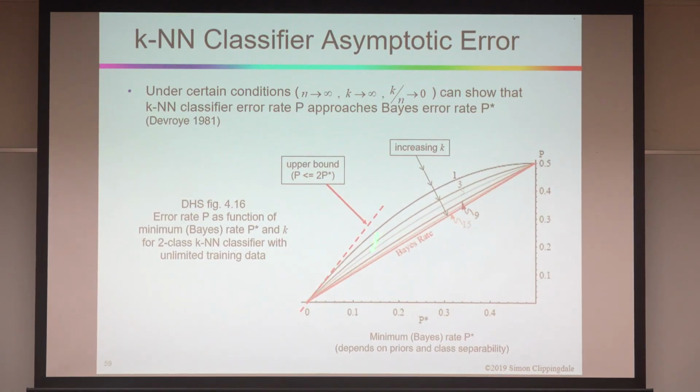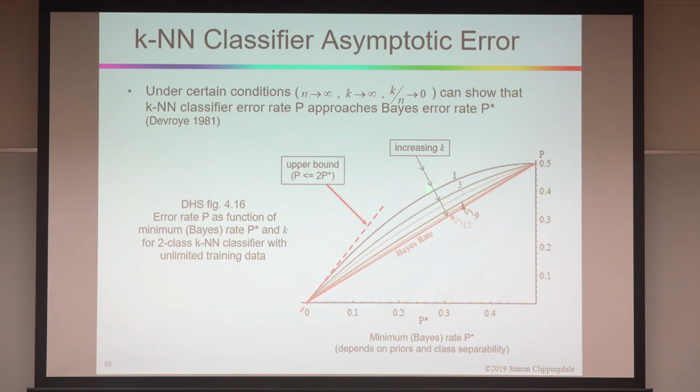Here's the red line down the bottom. This horizontal axis is the Bayes rate, and this is a kind of x equals y line up here. The Cover theorem from two slides ago says that a regular single nearest neighbor classifier can do better than twice the Bayes rate, which is this line here.